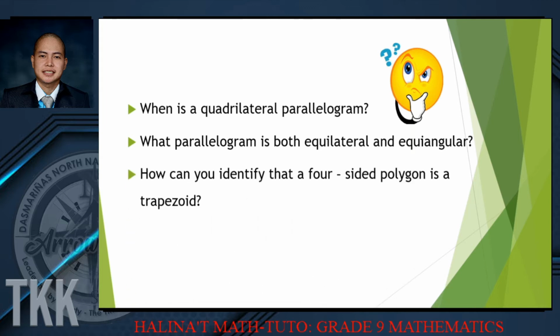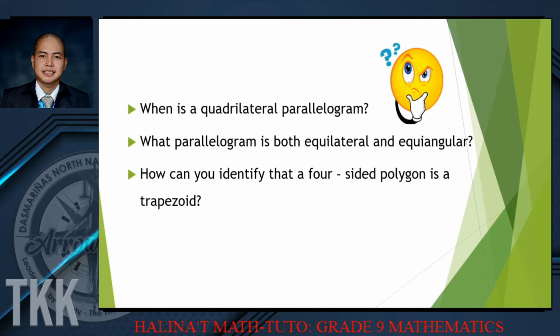How can you identify that the four-sided polygon is a trapezoid? Remember the definition of a trapezoid? It has exactly one pair of opposite sides parallel. Unlike the definition of a parallelogram, which has two pairs of opposite sides parallel. In a trapezoid, it is one pair of opposite sides parallel.